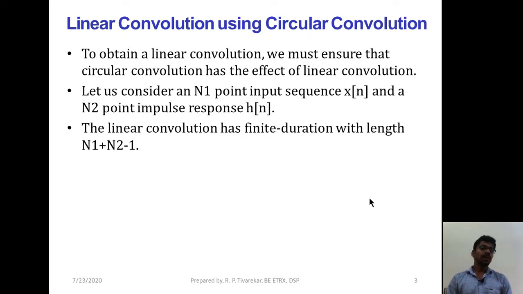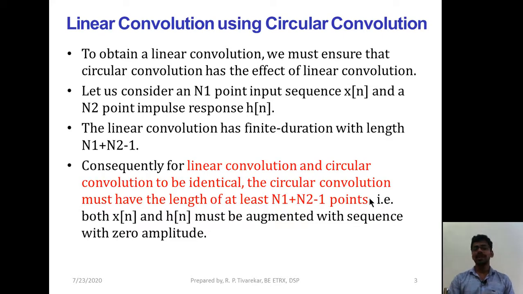If I perform linear convolution of x(n) with h(n), the resulting output will have N1 plus N2 minus 1 samples. Consequently, for the linear and circular convolution to be identical, we must have the length of circular convolution equal to N1 plus N2 minus 1. Then only the result will also have length N1 plus N2 minus 1.